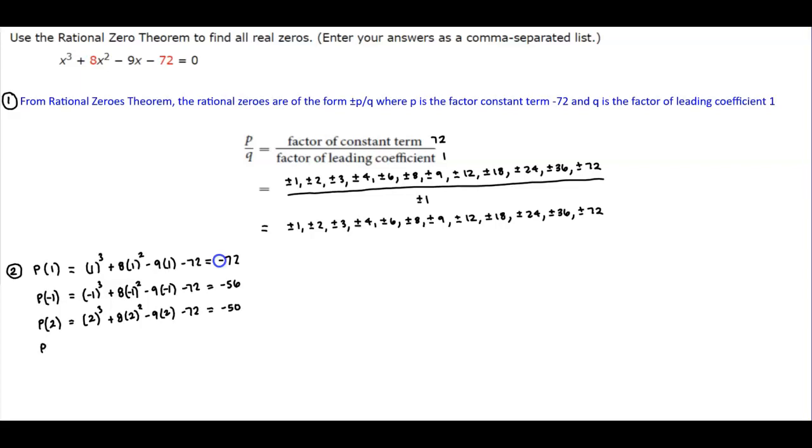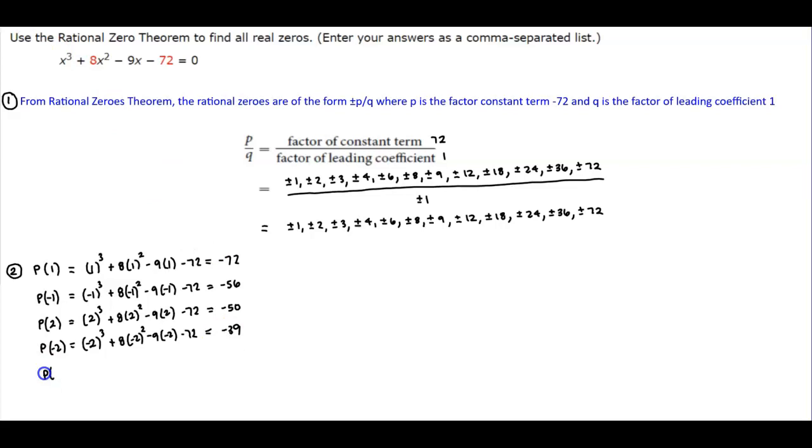Then we take p of negative 2, plug in negative 2 and cube it, plus 8 times negative 2 squared minus 9 times negative 2 minus 72, and that gives us negative 39, which also tells us that's not a rational zero.